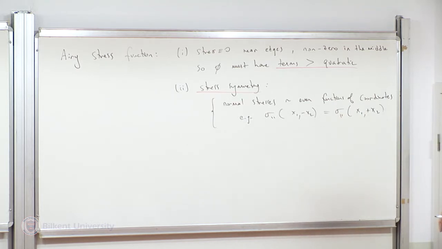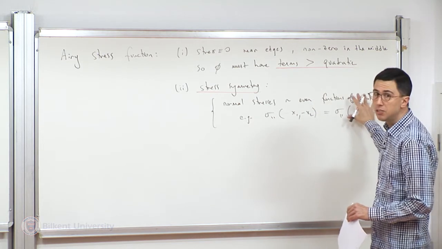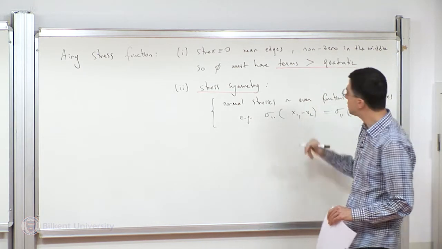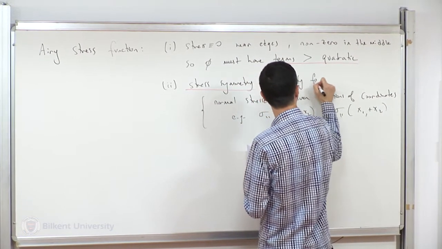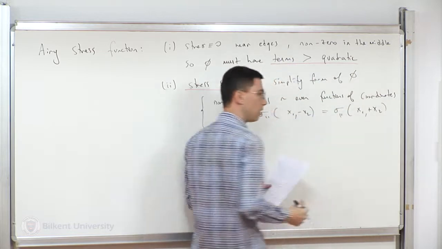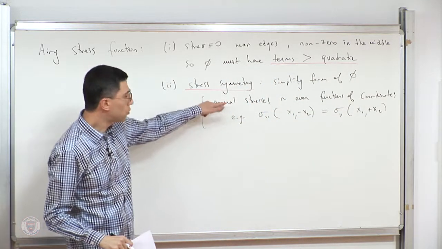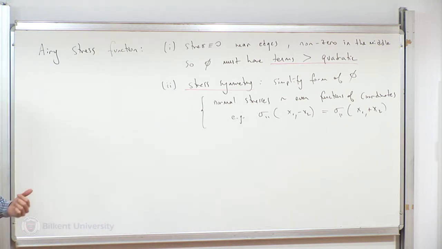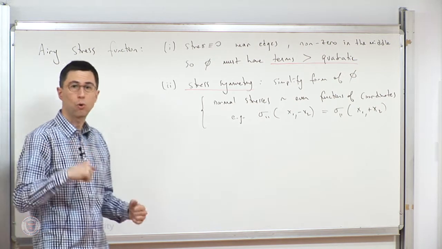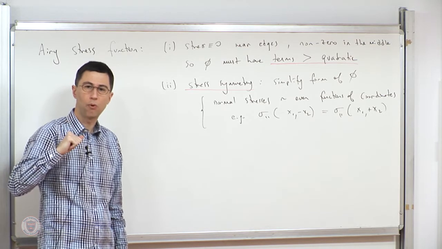So now, since that is the case, that further restricts the form of the area stress function. The stress must be an even function. So if I have cubic terms in terms of coordinates in phi, it won't be an even function. So I must have no cubic terms. I must have at least, in the area stress function, terms to the power of 4, or quartic terms.